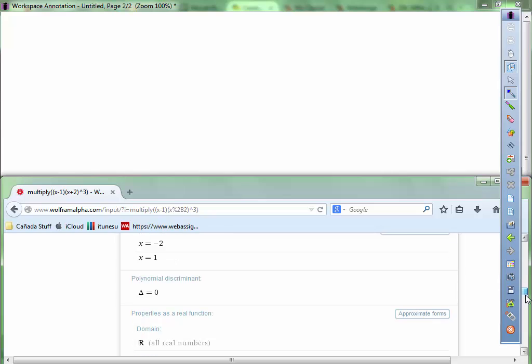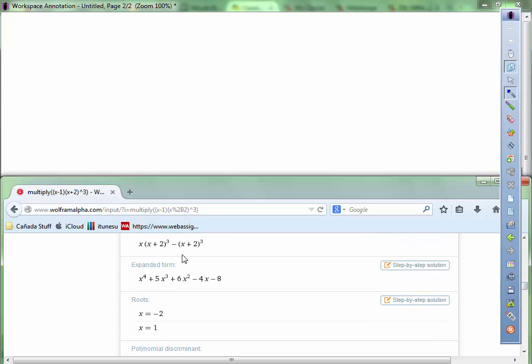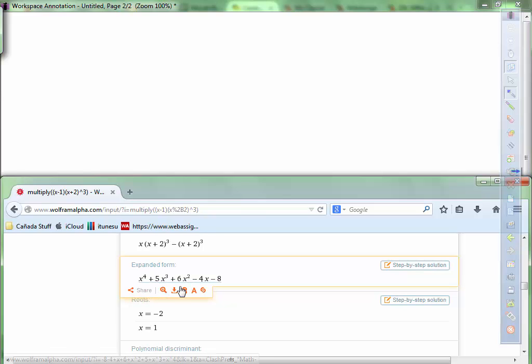Expanded form, here we go. So basically, I would want to come up with a differential equation whose auxiliary equation looks like this. And then I'll leave it up to you to try to factor that and solve for this. Okay?